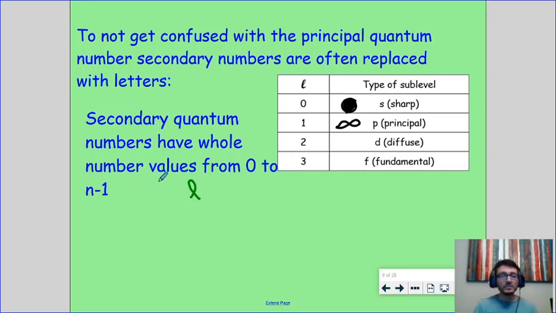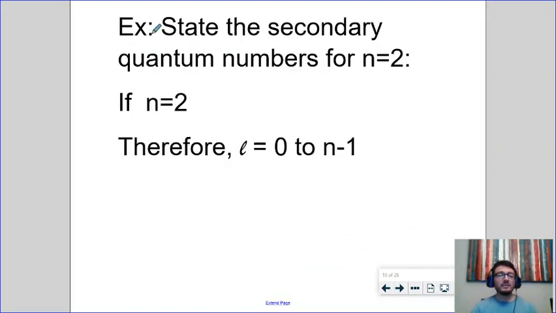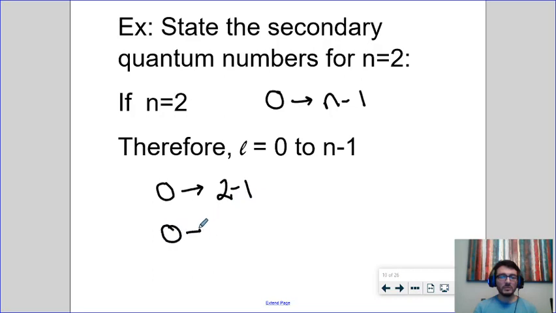Okay, so values. If n is a certain value, your range for L is going to be from 0 to n minus 1. Let's practice that. So this example is asking us to state the secondary quantum numbers for n equal to 2. If n is equal to 2, the possible range of shapes is going to be from 0 to 2 minus 1, which is 1.